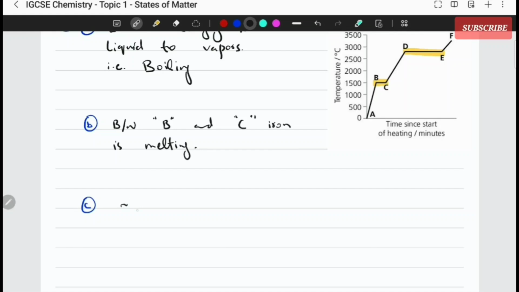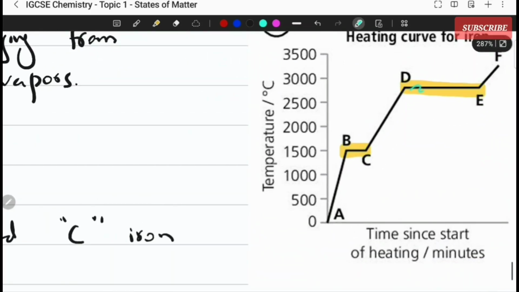So the melting point would be almost 1500 degrees Celsius. And the boiling point of iron, if you look at it, this is the boiling, slightly above the midsection here, right about here.